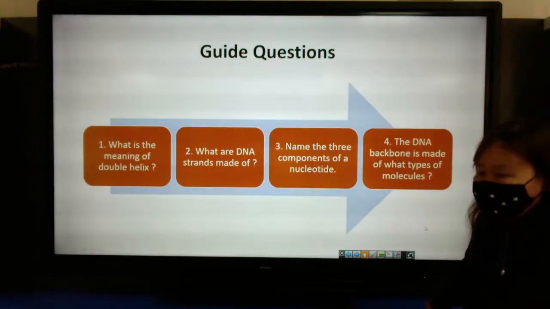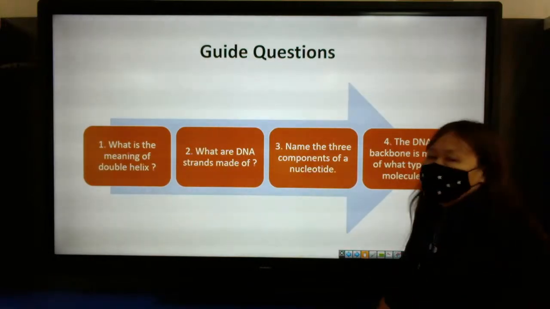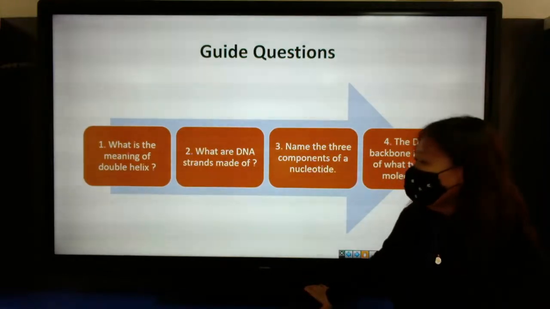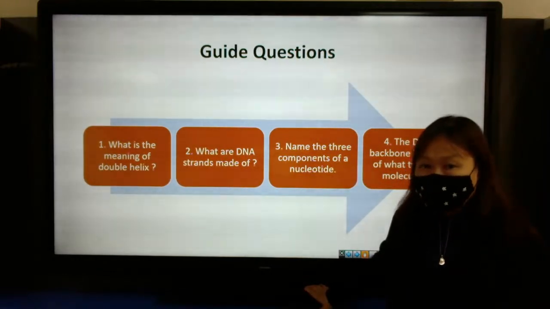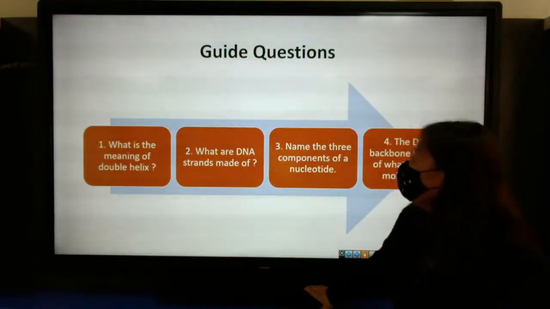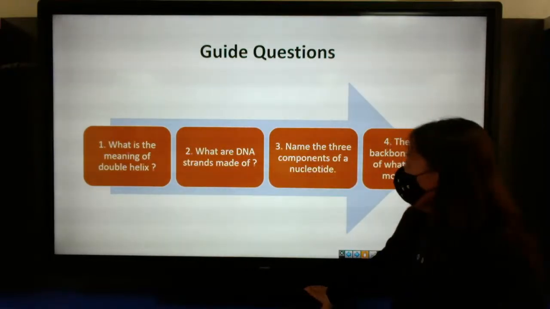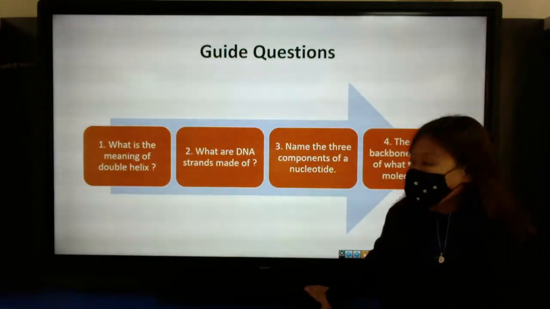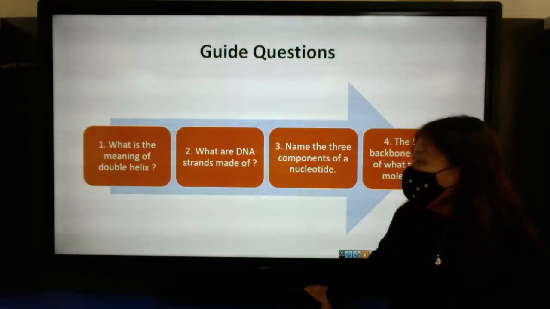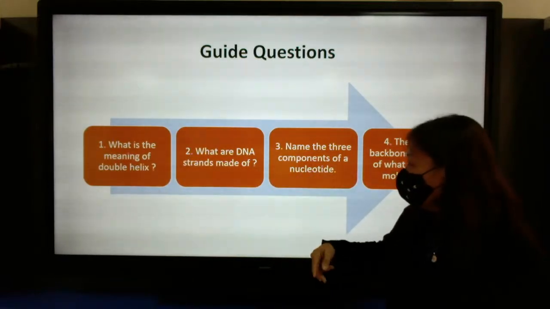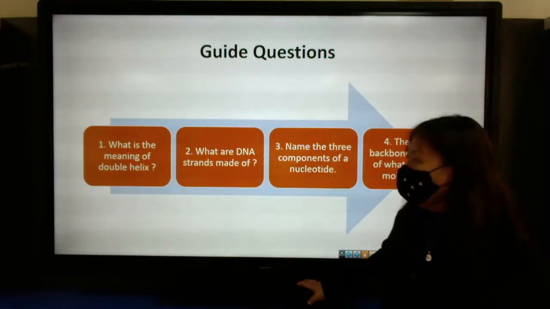All right, students. I have here some guide questions for you to answer, but I really cannot see your answers now. So I think I have about 10 of it. The first one is, what is the meaning of double helix? You will see that several of the vocabularies that I introduced to you earlier are all here.